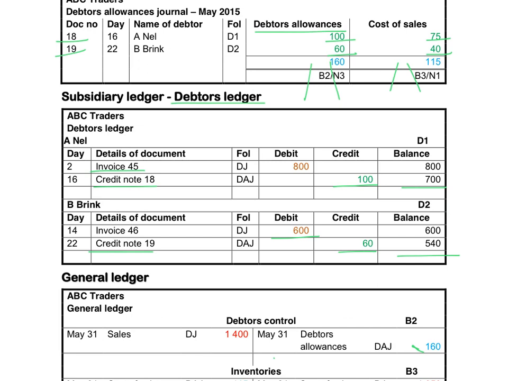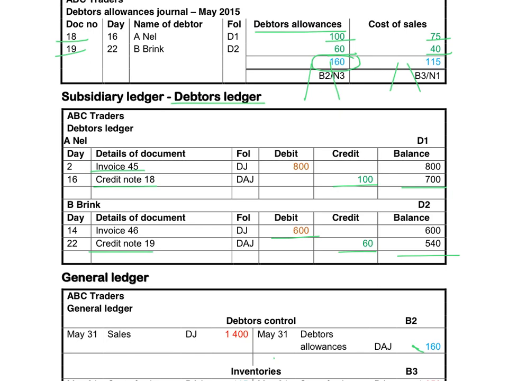The entries at the end of the month will be posted to the general ledger. So the totals that we calculated in our journals will go to the debtors ledger. In the debtors allowances column, there's a total 460 Rand.